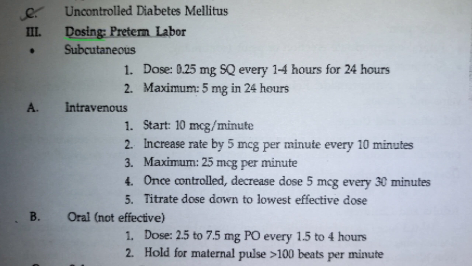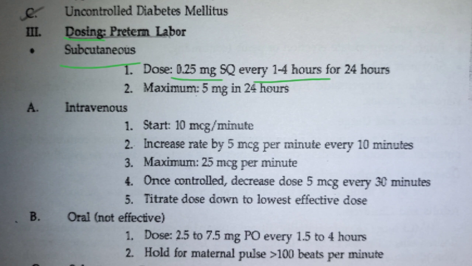Dosage of tocolytic drug. In tocolytic drugs we have several drugs, and each drug will differ from one another. The drug dosage will differ, but this is the borderline. Compared to this, those drugs will be either a little bit more or a little bit less. First we have subcutaneous. In subcutaneous, the dosage will be 0.25 mg, given the subcutaneous way, and every 1 to 4 hours it should be administered.